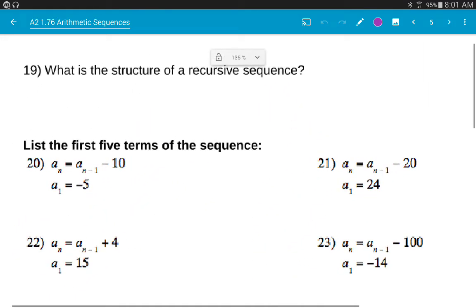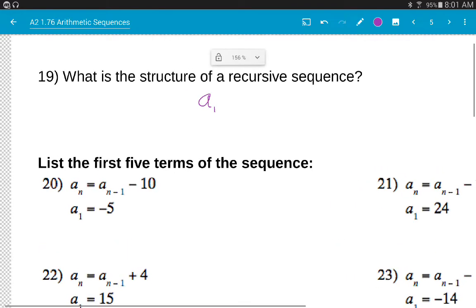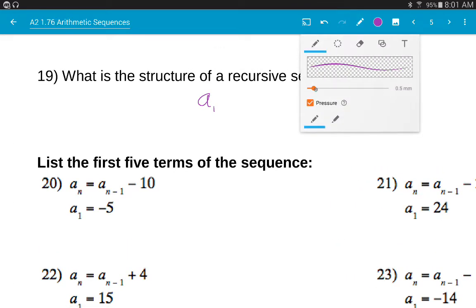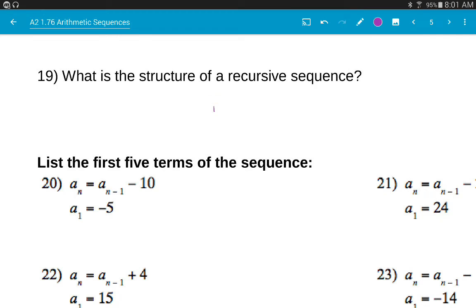The structure of a recursive sequence we've already stated, but let's put it again. It has two parts. It has a first term and it has a rule.